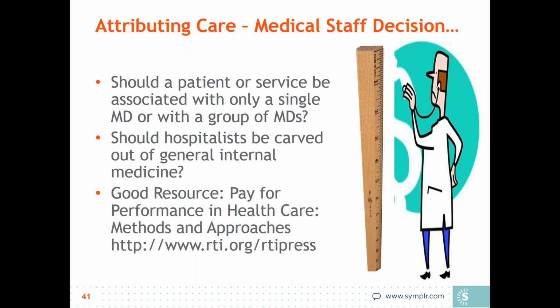You have to determine, should that patient or service be associated with only a single physician or with a group of physicians? And some people even suggest carving a hospitalist out of the general internal medicine and just looking at them separately. There are different rationales on how that should be done. I've worked with hospitals who said that whoever does the H&P is the person we're going to attribute it to.